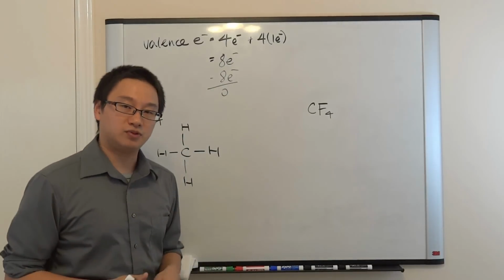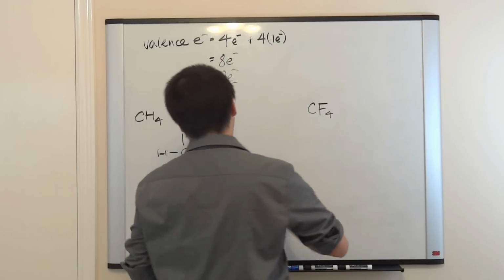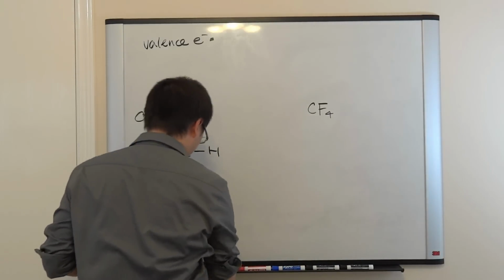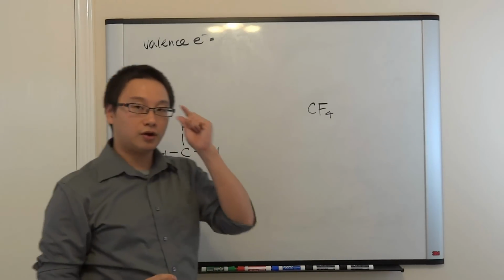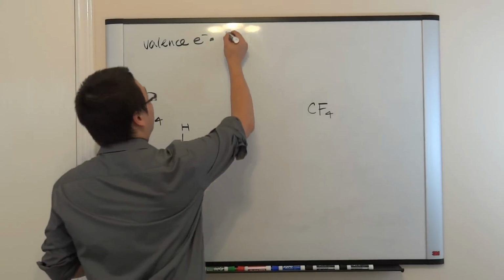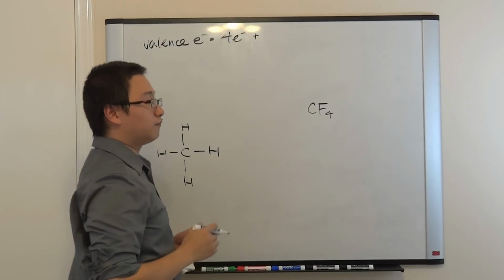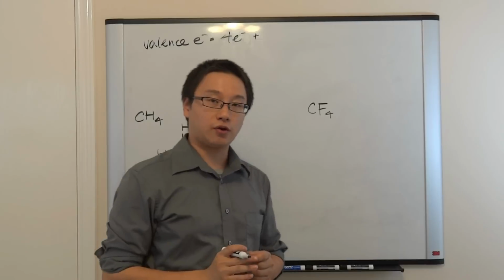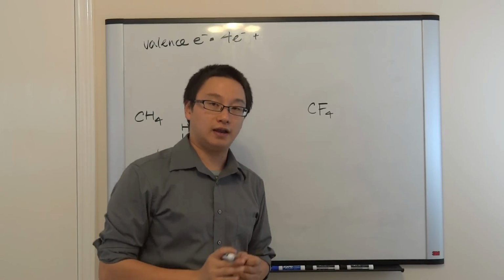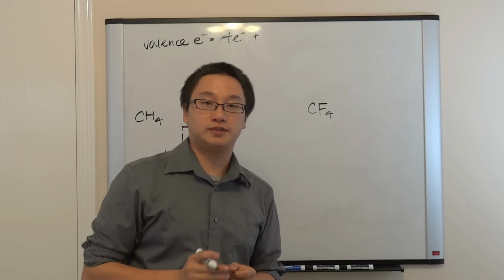So we're going to do the same procedure. We're going to calculate the number of valence electrons. Okay, so let me erase the number right here. So the calculation here is for CF4. Now for carbon, we have 4 electrons. And for fluorine, we have 4 fluorines here, and each fluorine has 7 valence electrons. How do we know that? If you look at fluorine, it is in group 17.